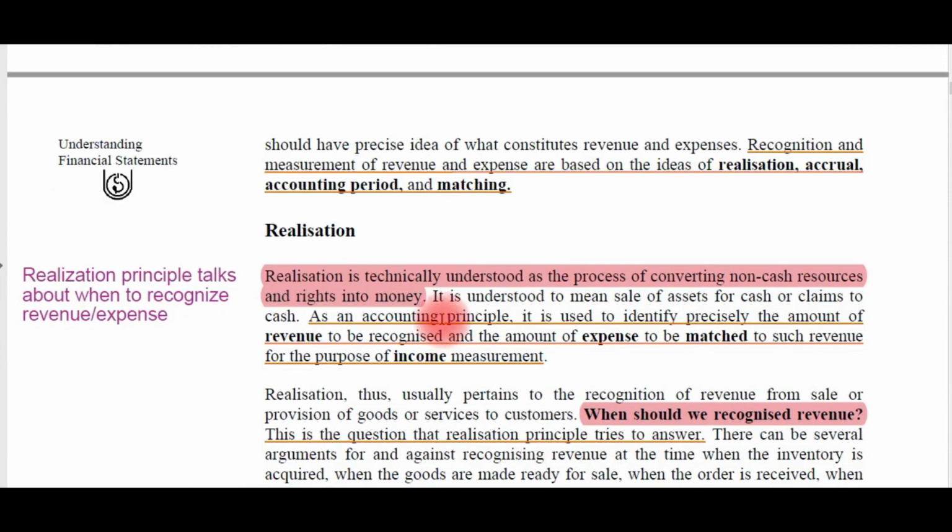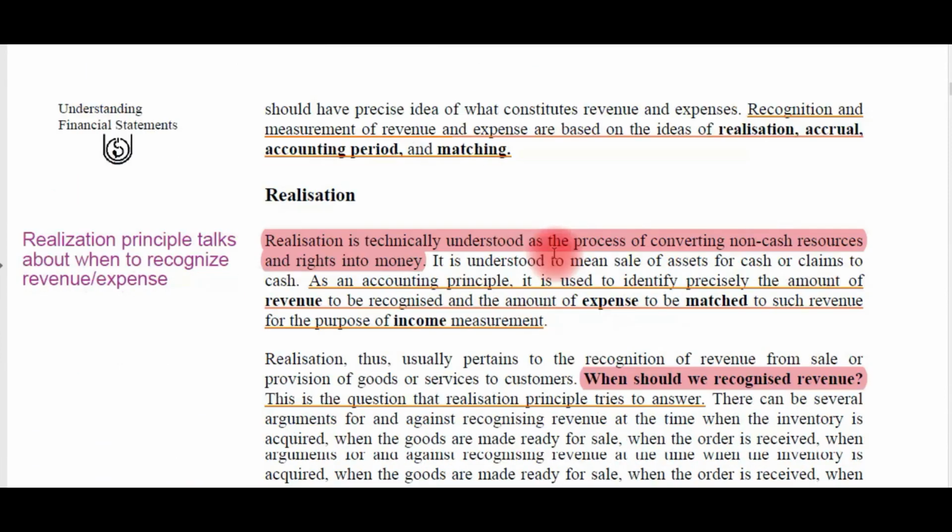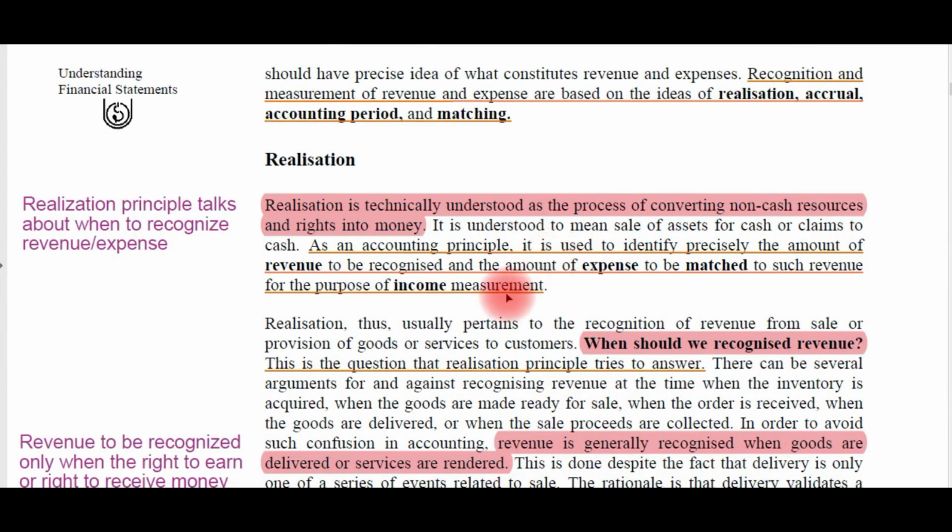Right. What is the realization principle? The realization principle deals with when to recognize a revenue or when to recognize an expense. As an accounting principle, it is used to identify precisely the amount of revenue to be recognized and the amount of expense to be matched to such revenue for the purpose of income measurement.